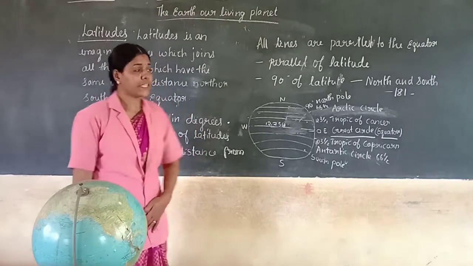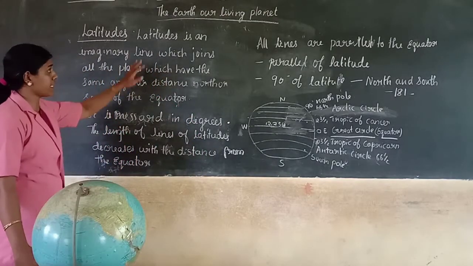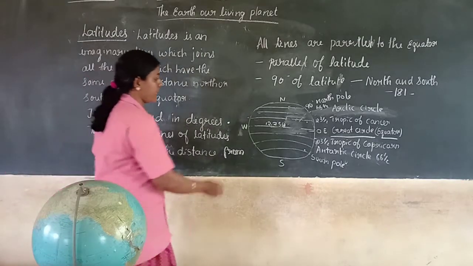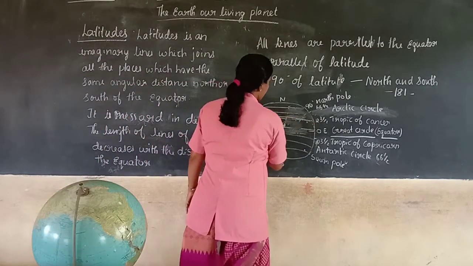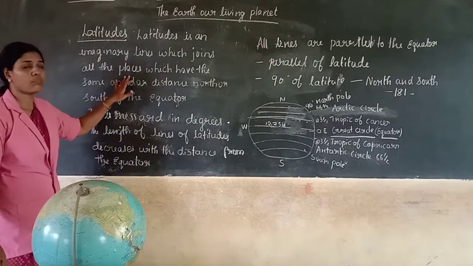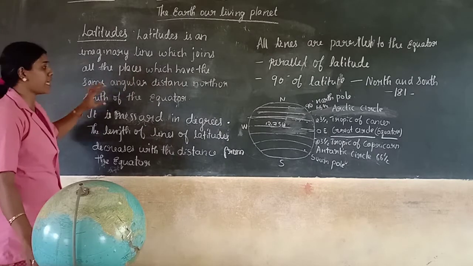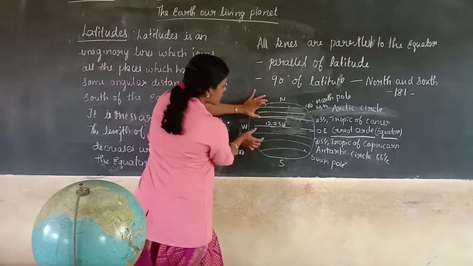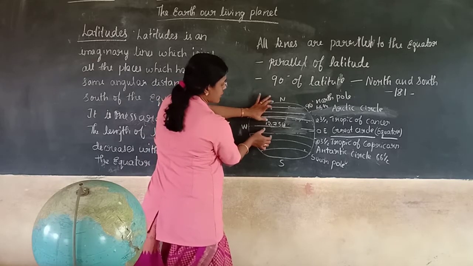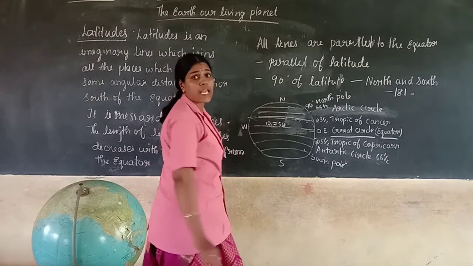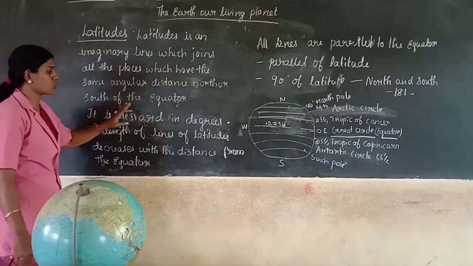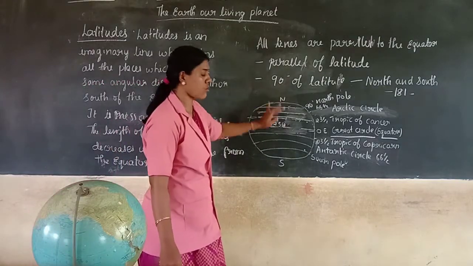Next, latitudes. A latitude is an imaginary line. These are the imaginary lines which join all the places which have the same angular distance, north or south of the equator.